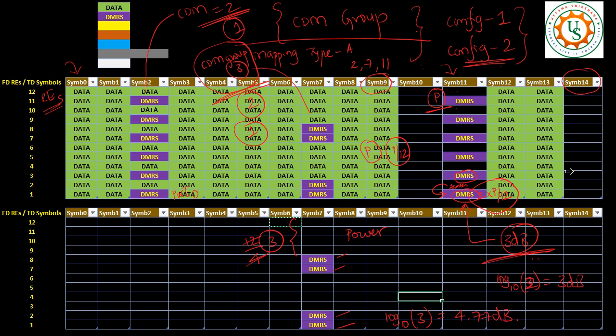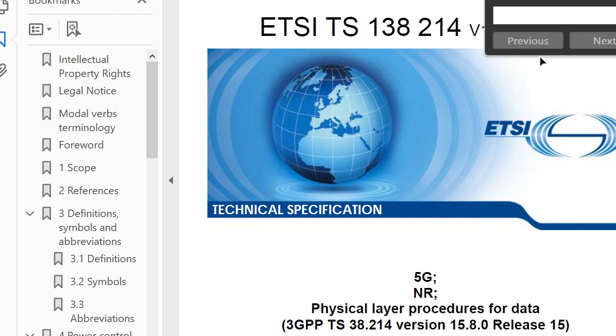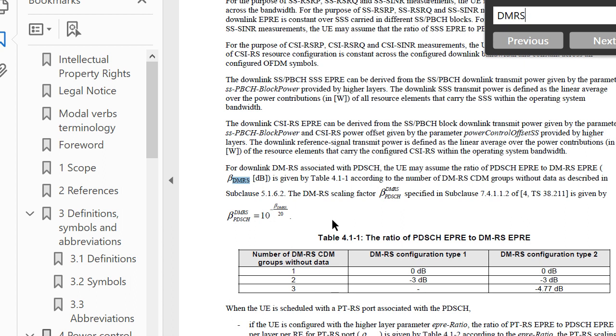Okay, so we can see this in the spec as well. So we need to go to the 214 spec, that is what I have opened here. Just search for DMRS here, and it has directly gone to DMRS. If you see in this particular table, please note that this is PDSCH to DMRS, and it holds good for both PUSCH and PDSCH.